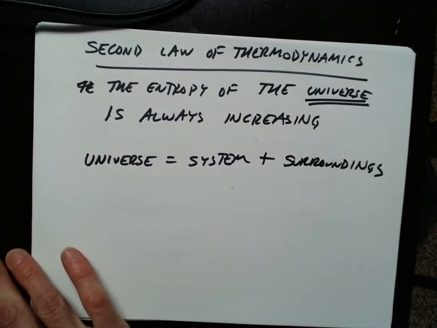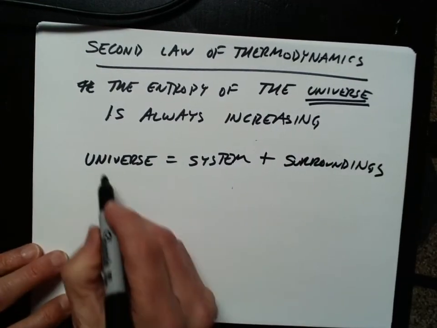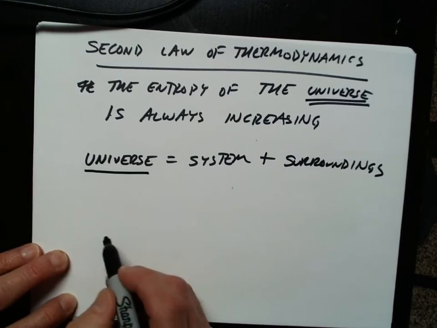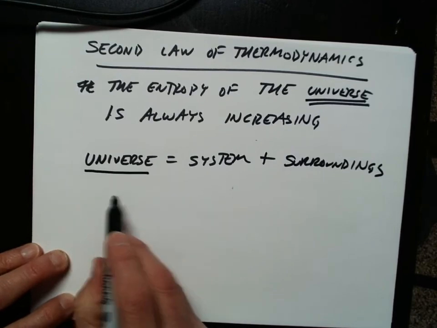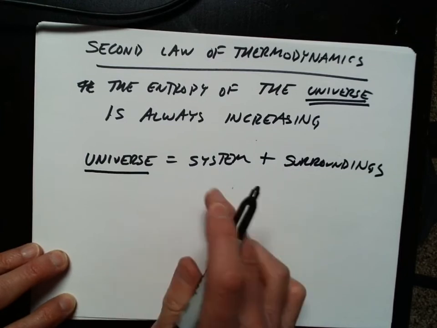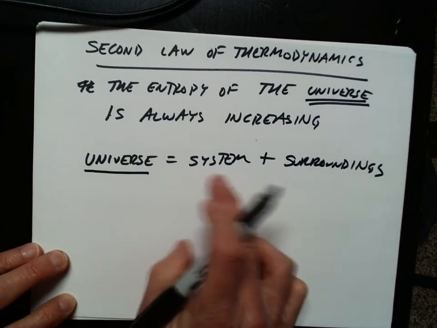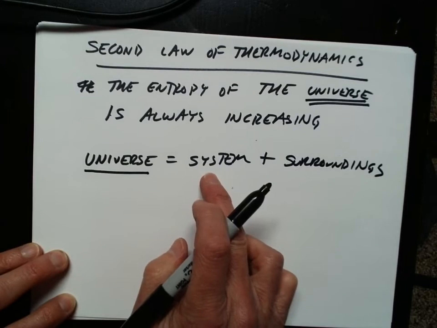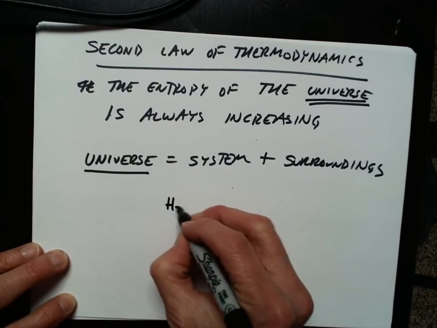All right, let's look at this in a little more detail. Notice it says the universe always has an entropy that goes up from one moment to the next. Now that doesn't mean, for example, that a system under study can't drop in entropy. I mean, this happens right here. Let's look at this.